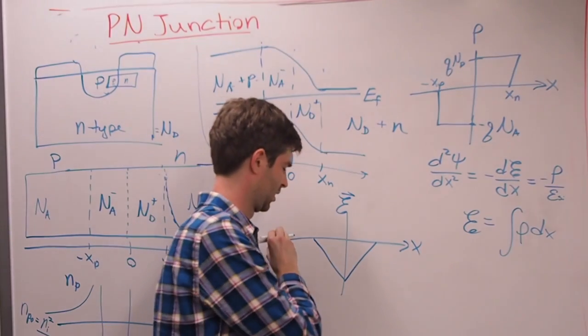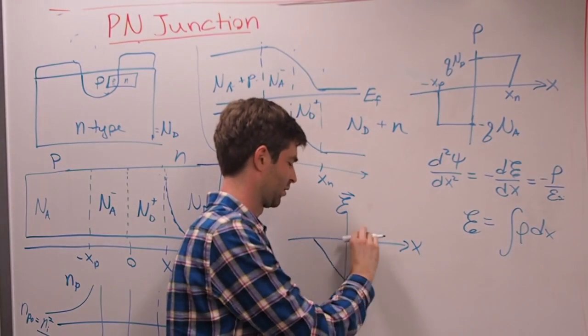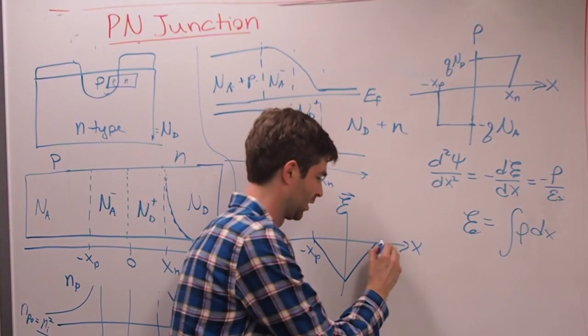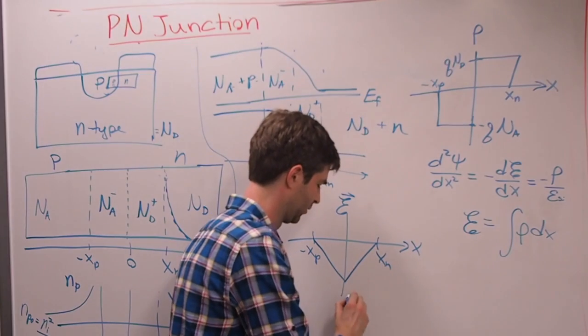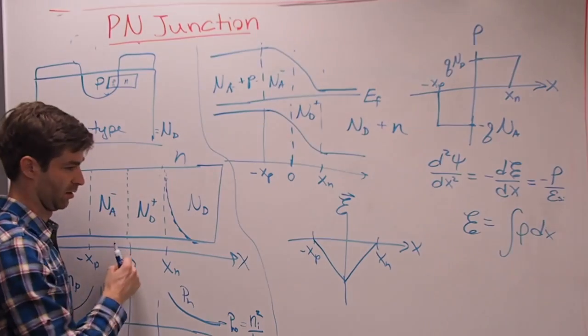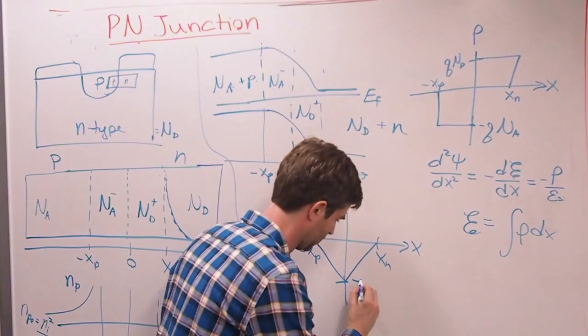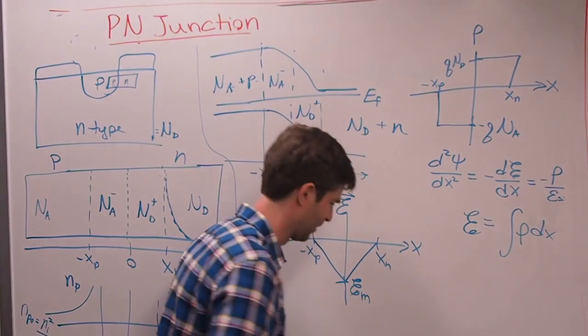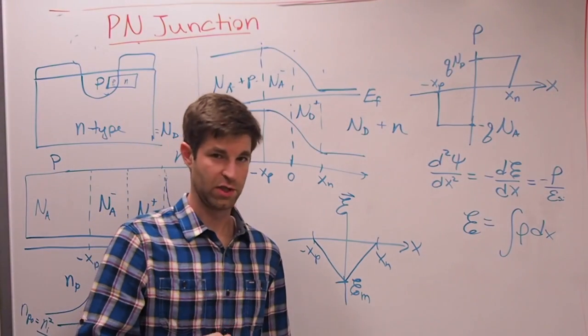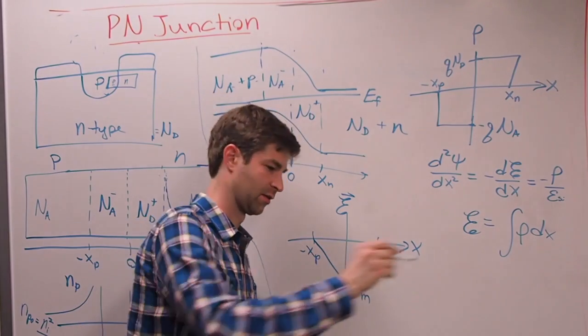So you see our electric field changes as we go across x, starting at negative xp, where it is 0, and xn, where it is 0, all the way to what we call the metallurgical junction, which is this right here, where it maxes out at what we call E_M, the maximum electric field. Right. So because of this depletion region, we get an electric field that changes as we go across.